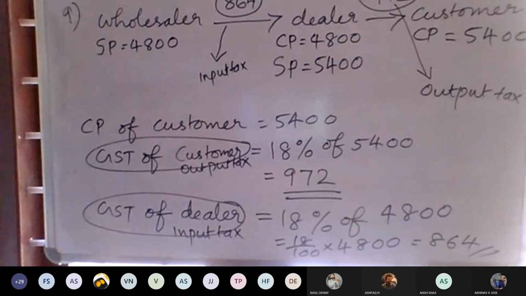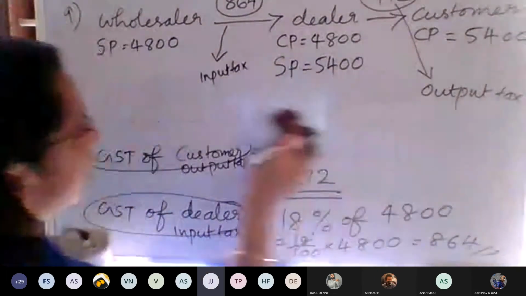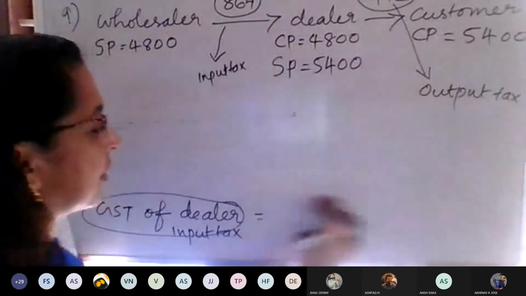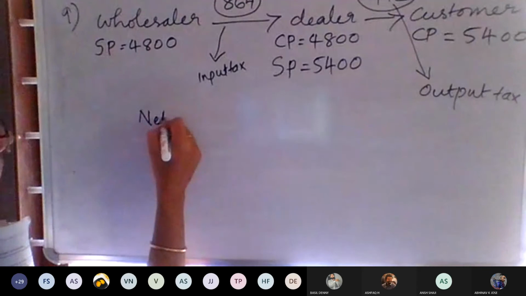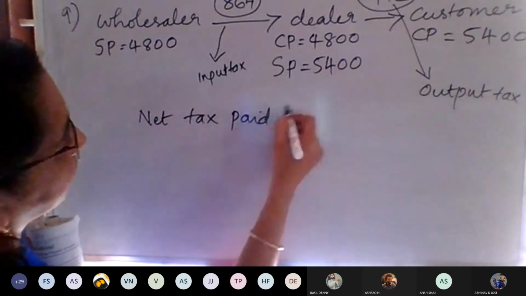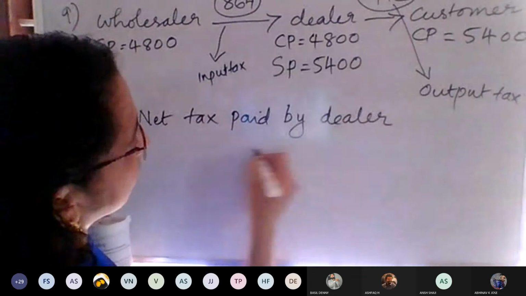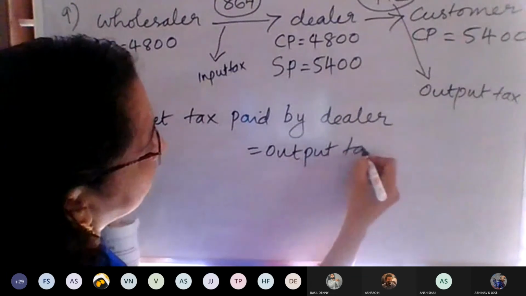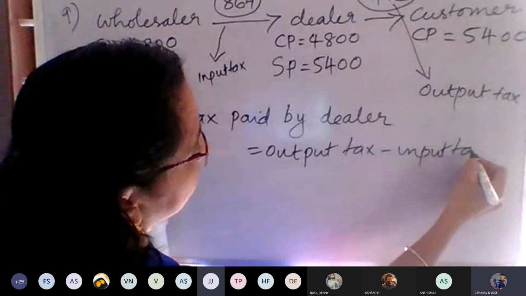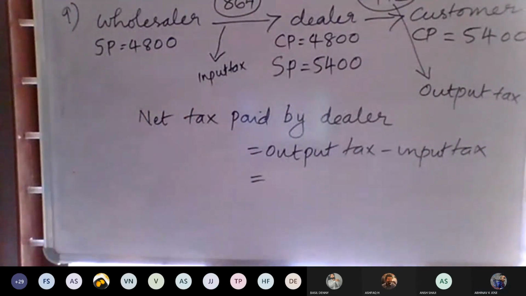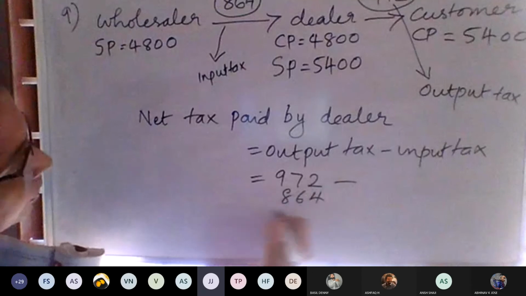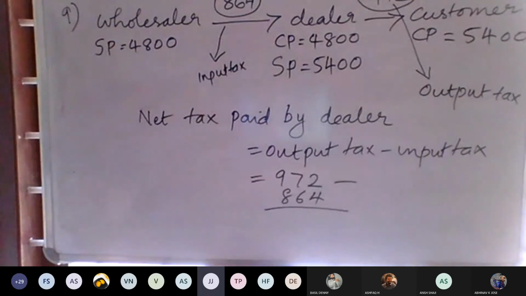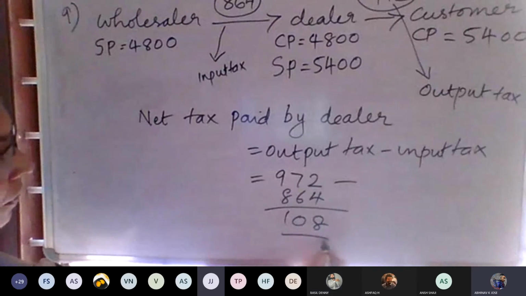In our formula, net tax paid by dealer is equal to output tax minus input tax, that is 972 minus 864, which is 108.